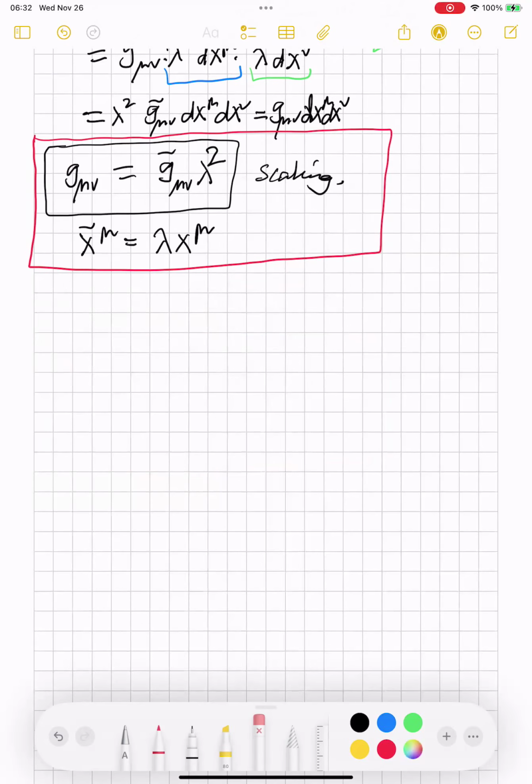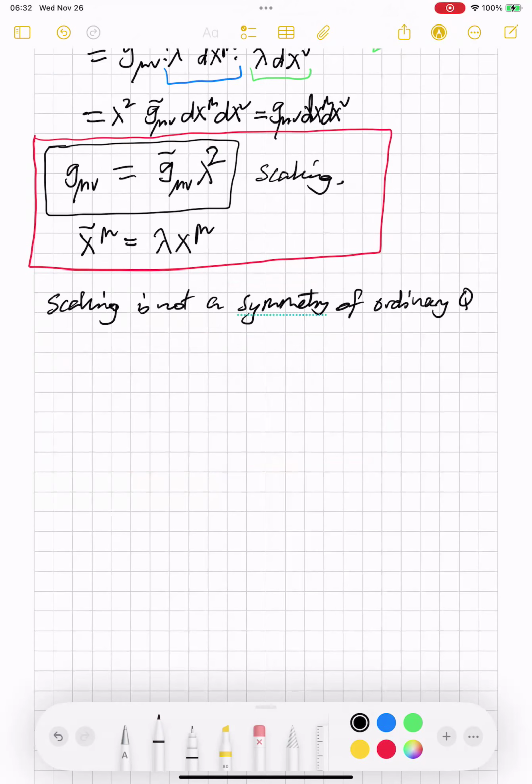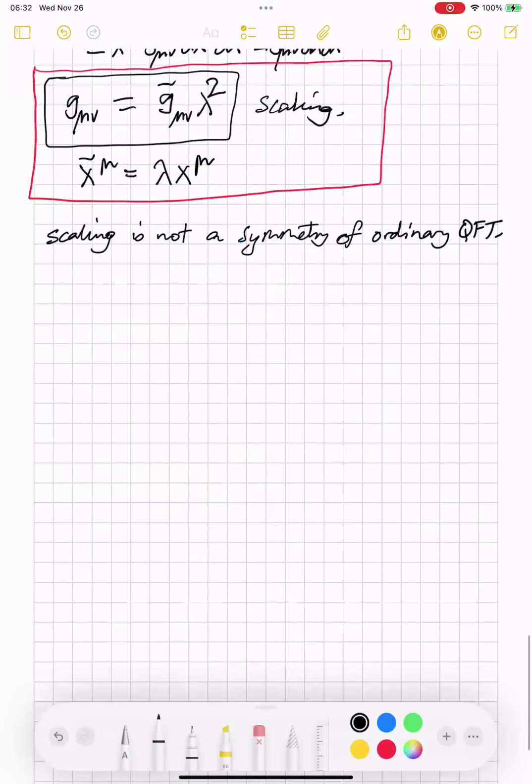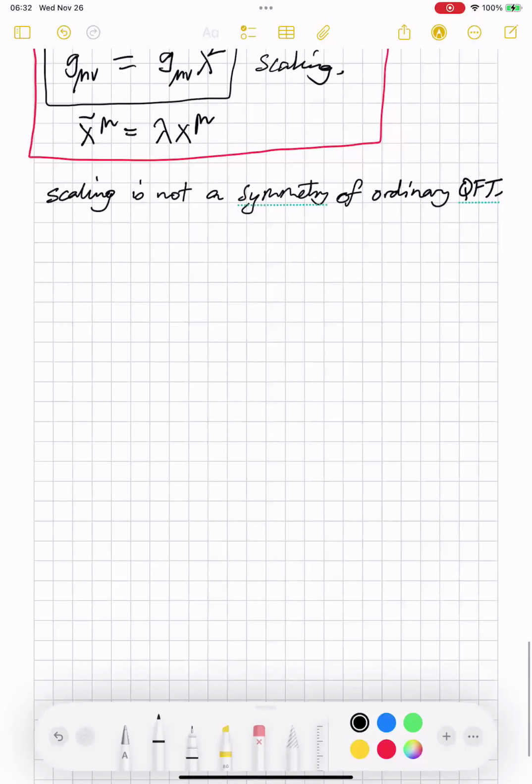Now notice that scaling is not a symmetry of ordinary QFT. Now, one of the things that's interesting to explore when you have a symmetry are the physical consequences of the symmetry.